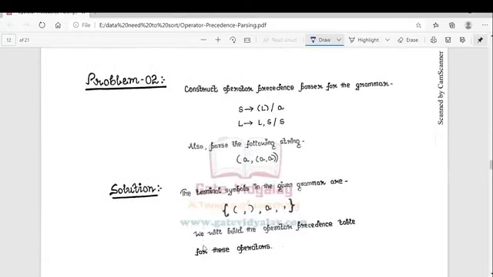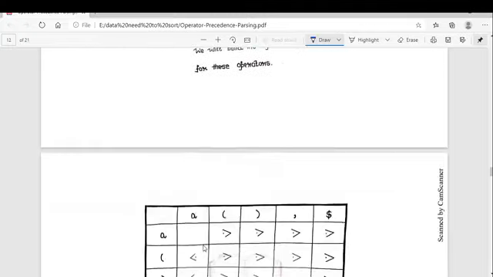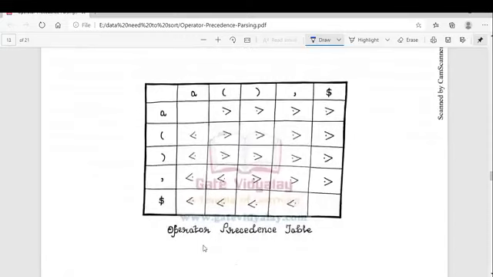Here is another problem, another operator precedence grammar, and this is a solved example. I put it here, and hopefully you will solve it on your own first, then compare it with my solution.